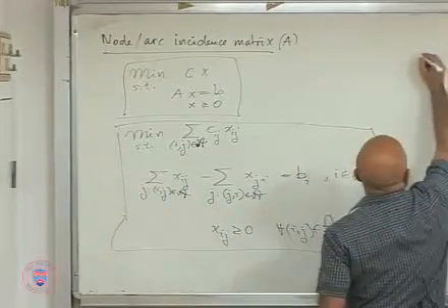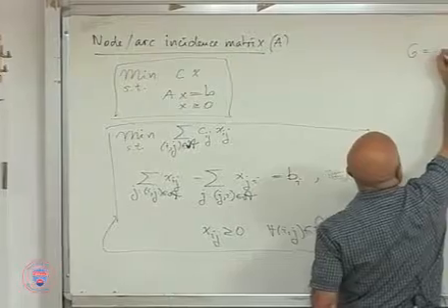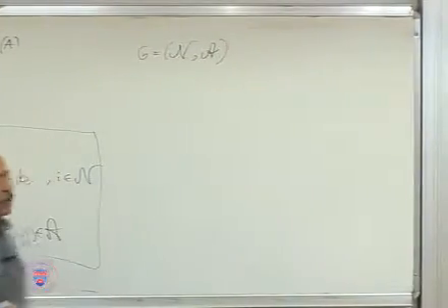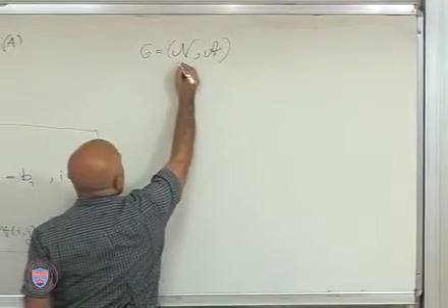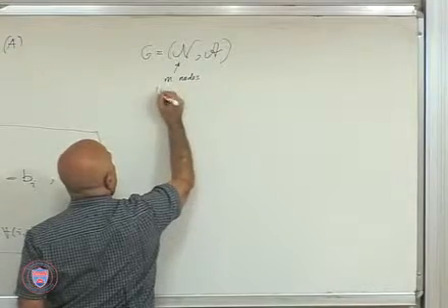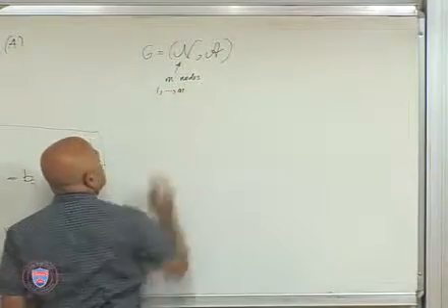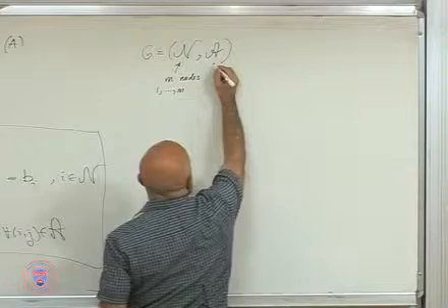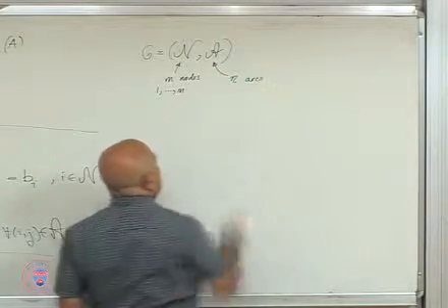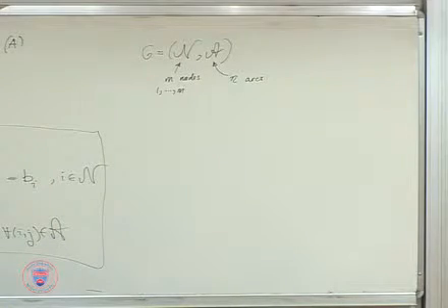Now here, suppose the original network with node set N and arc set A has, say, M nodes numbered from 1 to M. And let's assume it has N arcs numbered in some way. Okay?